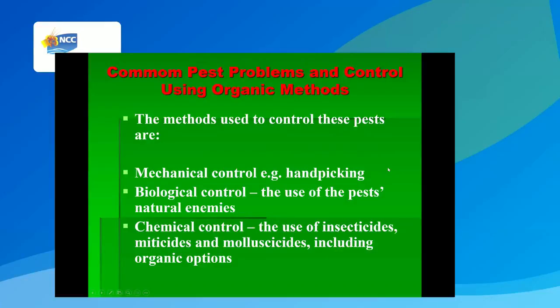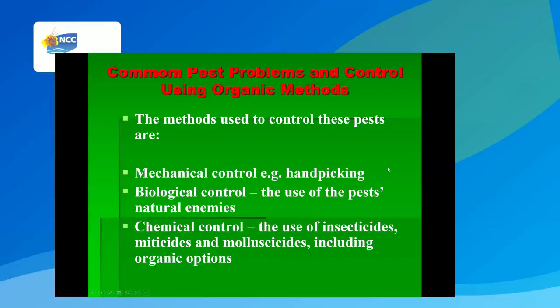Now, the ways of controlling these pests can be broken down into three parts. Mechanical control, which doesn't involve machines as such as the name might suggest, but things like hand picking and knocking the pests off the plant, that sort of thing.